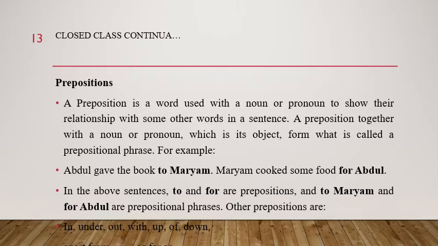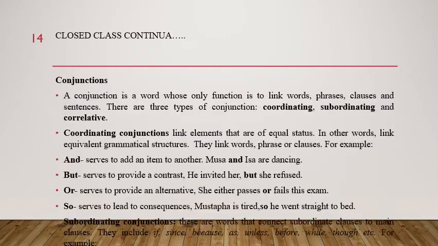In these sentences, you find that "to" and "for" are prepositions, and "to Mariam" and "for Abdul" are prepositional phrases. Other prepositions include in, under, out, with, up, off, down, apart from, as far as, on top of, in front of.